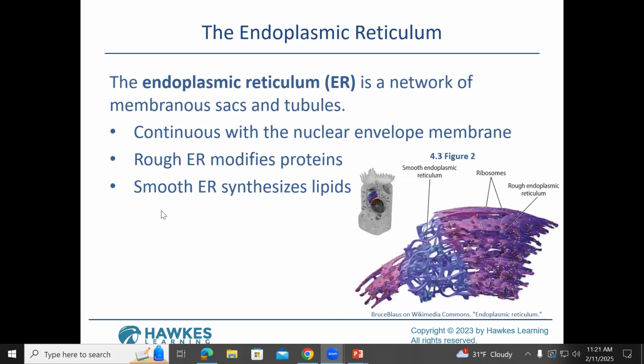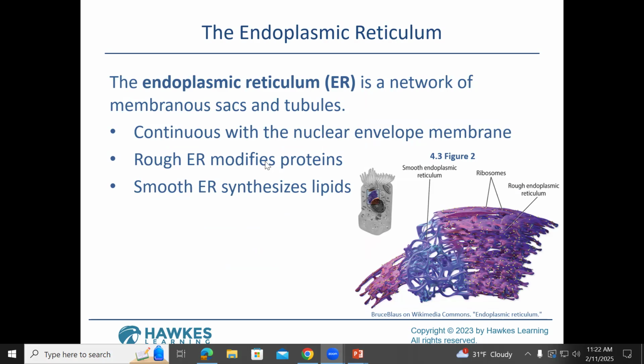Okay, the endoplasmic reticulum is a network of membranous sacs and tubules that is continuous with the nuclear envelope membrane. It is rough.